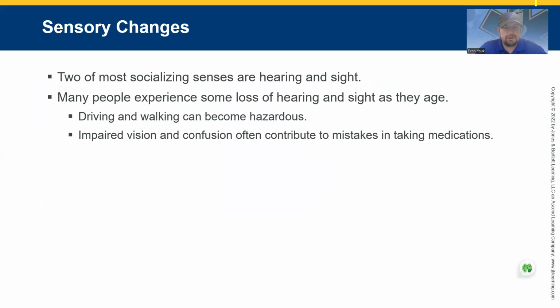Two of the most socializing senses, hearing and sight, they kind of deteriorate the older we get. So a lot of people will have hearing loss and sight issues as they age. Driving and walking can become hazardous. Impaired vision and confusion often contributes to mistakes in taking medications.